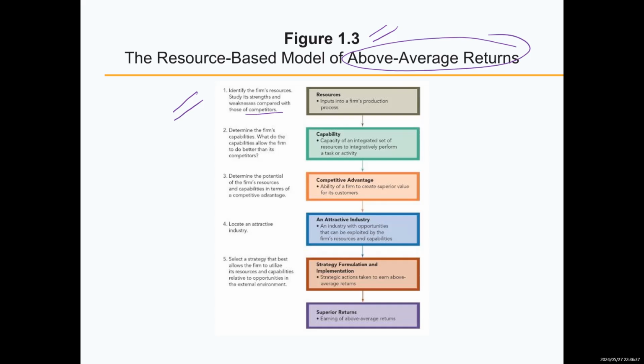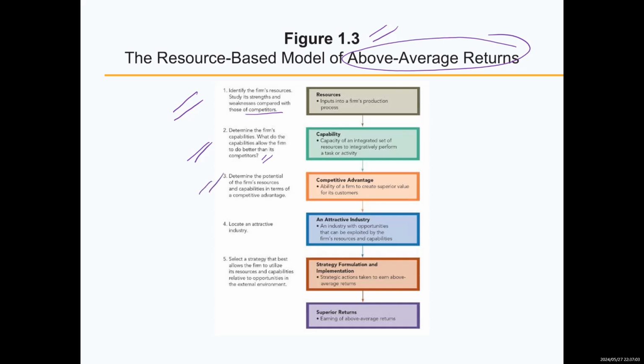Number two, the firm should identify the set of resources that provide the firm with capabilities that are unique relative to competitors, and the firm should identify those capabilities to perform tasks and activities better than their competitors.